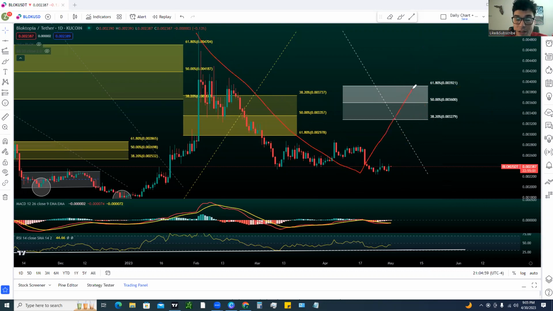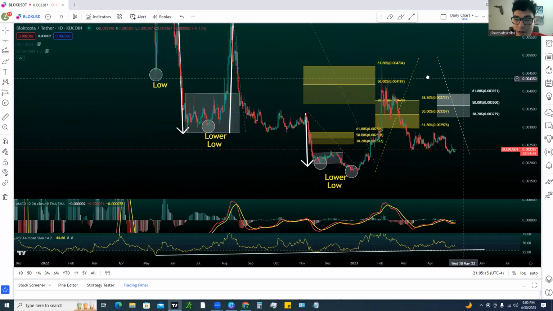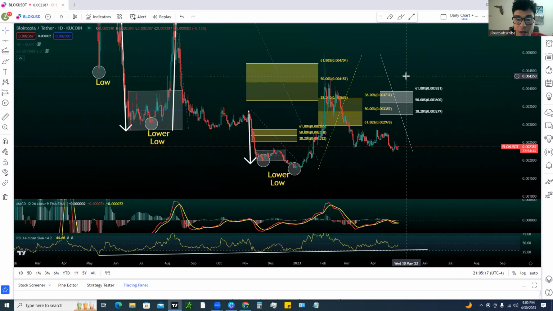But if we come up to these levels, these are going to be areas where you want to be very cautious, right? And you want to protect your profits if you're in some type of a trade, because if we're not going to be able to break up above those, there's a strong chance that we could end up continuing the downtrend, right? So really, those are the major levels that I'm paying attention to right now currently.